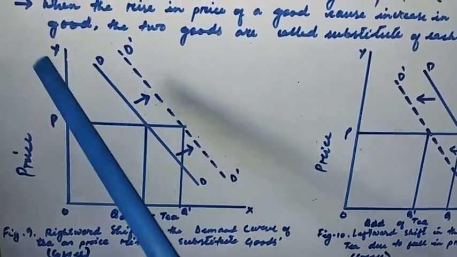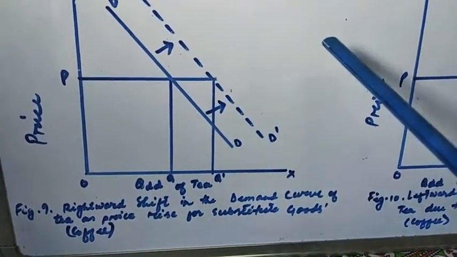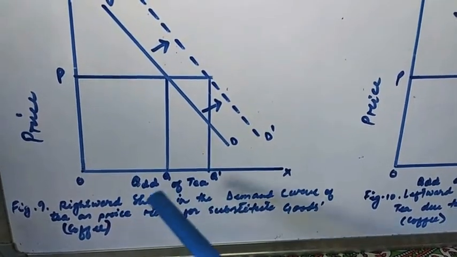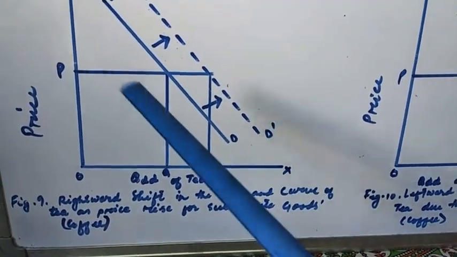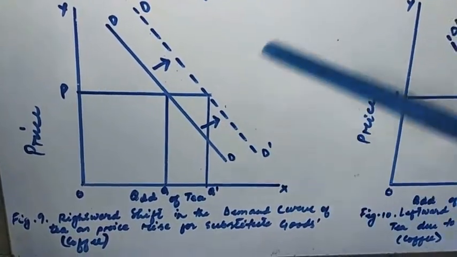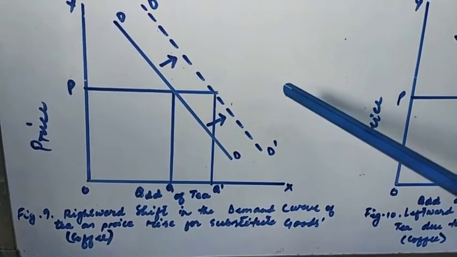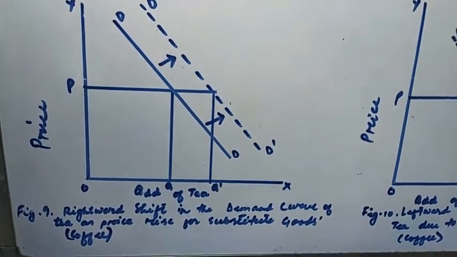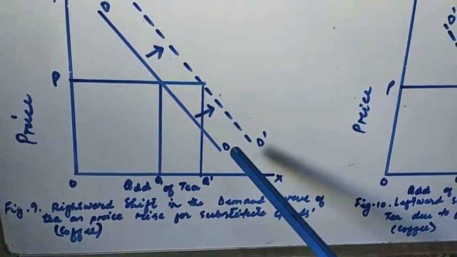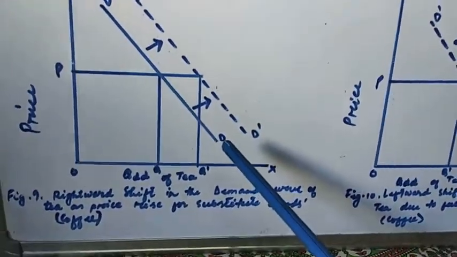Figure 9 is showing the rightward shift in the demand curve of tea as the price rises for the substitute good, that is coffee. The demand curve has shifted towards the right as the price for coffee has increased, which means that quantity demanded for tea has increased, because tea and coffee are close substitutes.